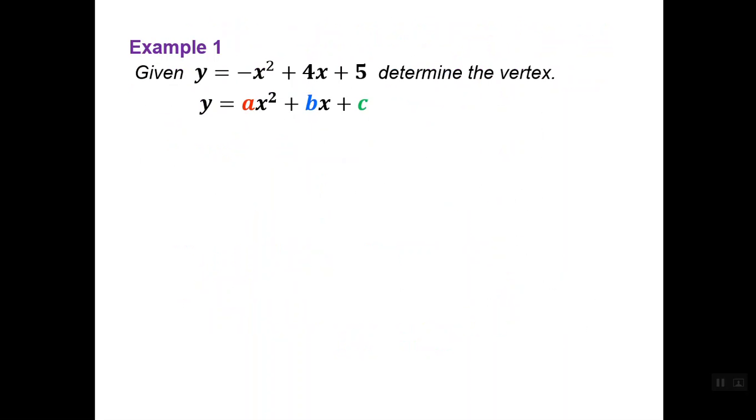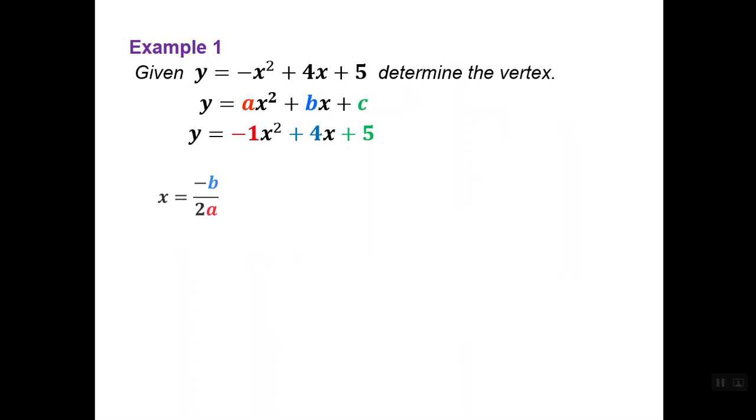First, we want to think about what the a, b, and c values are in the general form of our equation. The coefficient of the x squared term is considered a. The coefficient of the x term is considered b, and the constant is c. So in the equation that we were given, the a value is -1, the b value is 4, and the c value is 5.